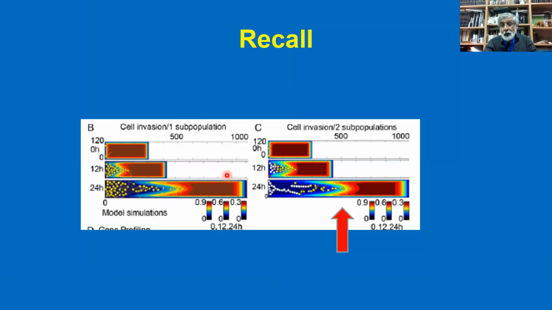Another thing to point out is that I glossed over this problem here: what happens if the leaders get too far away? Then the followers can't catch up with them to stick to them or respond to their signal. So this suggested, is there something that controls the speed of the leaders?